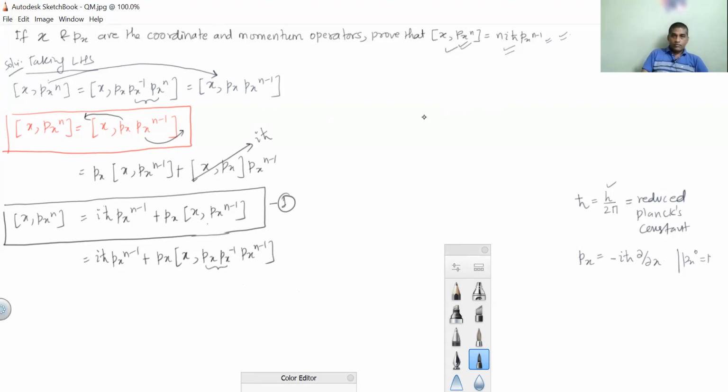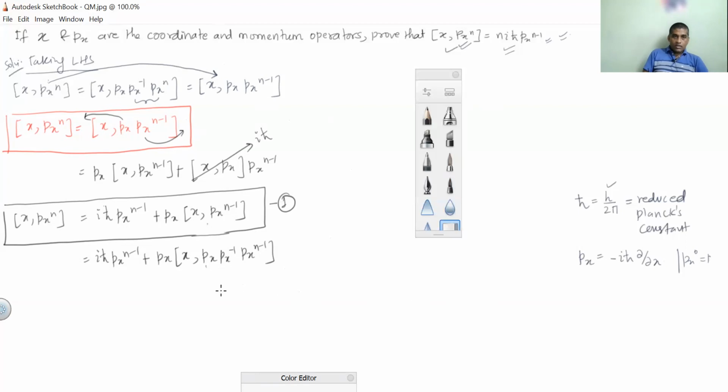So let us associate these two terms. So we get px power n minus 1 and px power minus 1, and we can simply write it this way.